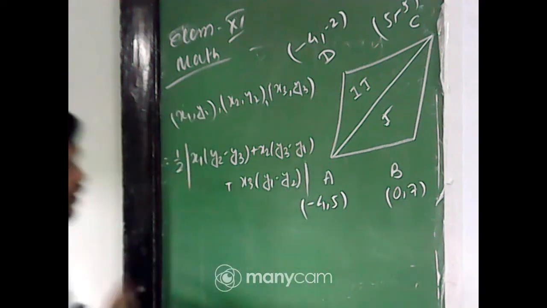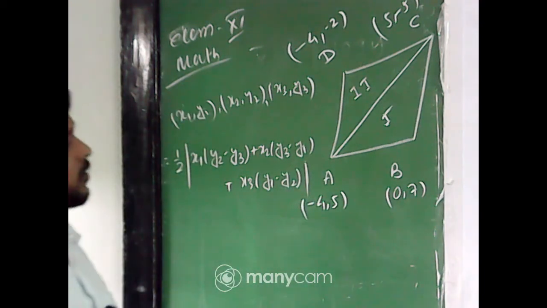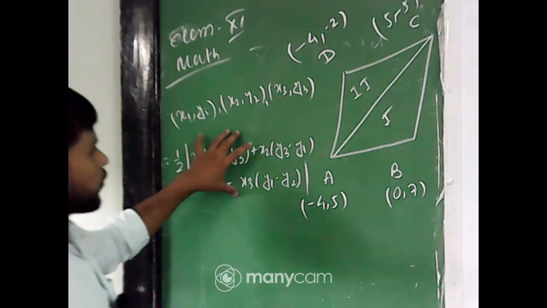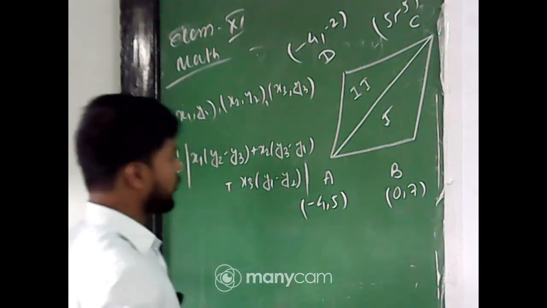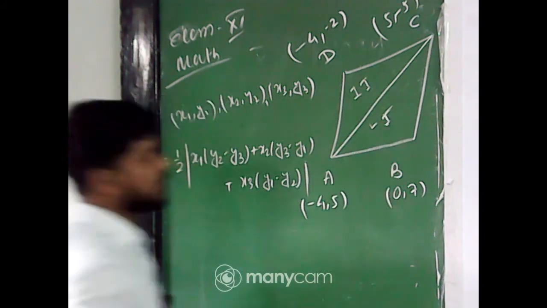I think you can remember the formula we have learned in our previous classes. We'll apply this formula to find the area of these two triangles. Let's first calculate the area of the triangle ABC.